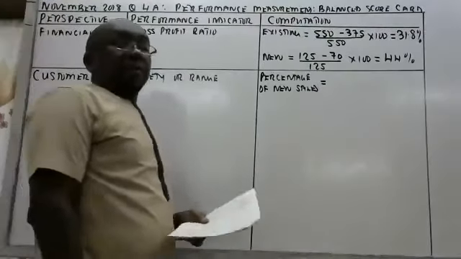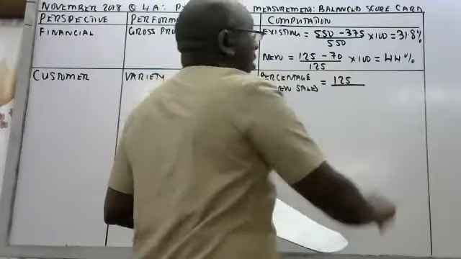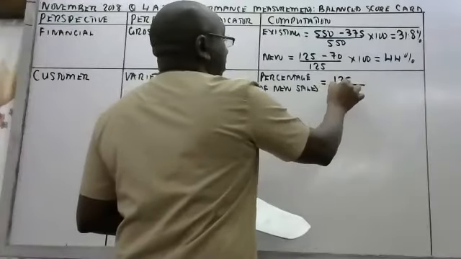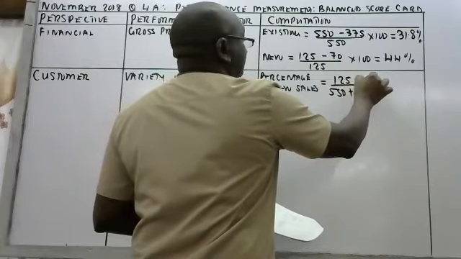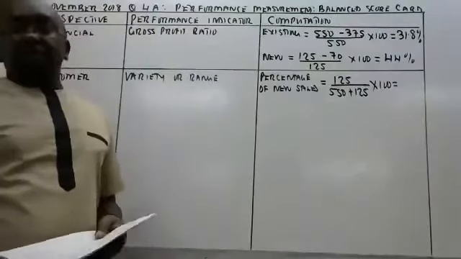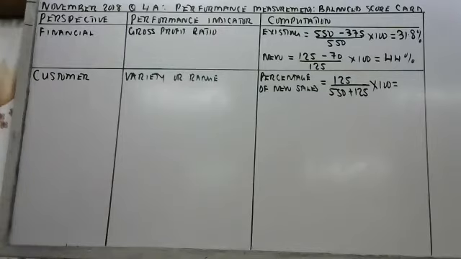So the new product is being sold at 125, while the existing is 550. So 125 over 550 plus 125, times 100. That's the only thing that we can use to gauge whether the customer is happy or not happy. Get that percentage.